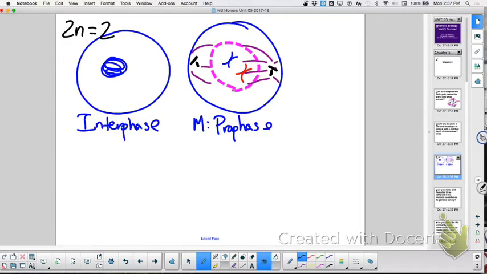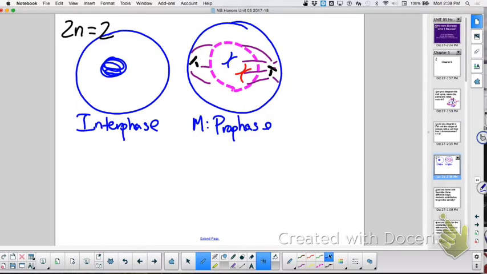Do you agree with me on that? If I had 3 chromosomes in there, which would be an odd number, that would be 2n equals 3. If I had 4 chromosomes in there, it would be 2n equals 4. That was your licorice. What comes after prophase? Metaphase. So how would it look?